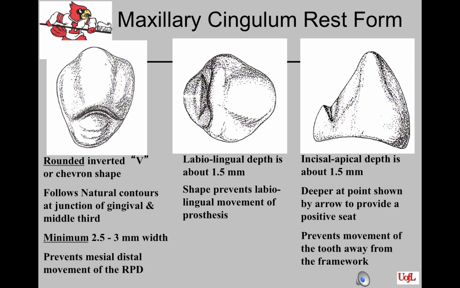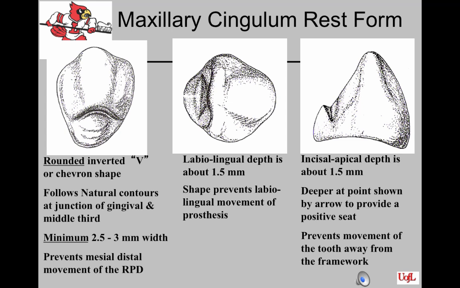The maxillary cingulum rest form is a rounded inverted V, or I prefer what would be considered a chevron shape that is rounded. It follows the natural contours of the cingulum at the junction of the gingival and middle third of the tooth.